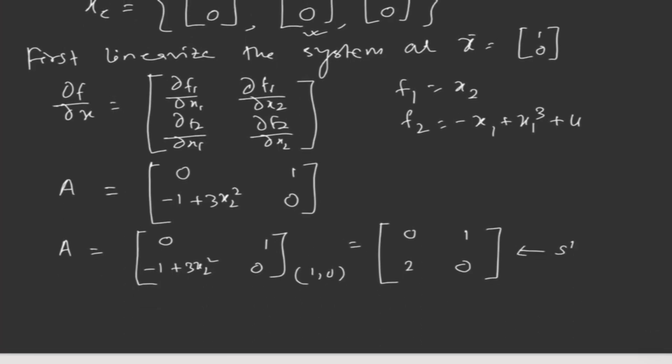So this is our state matrix. If you go back to our linearization technique, we have to find the A, B, C, and D matrices. Now the A matrix we have found.